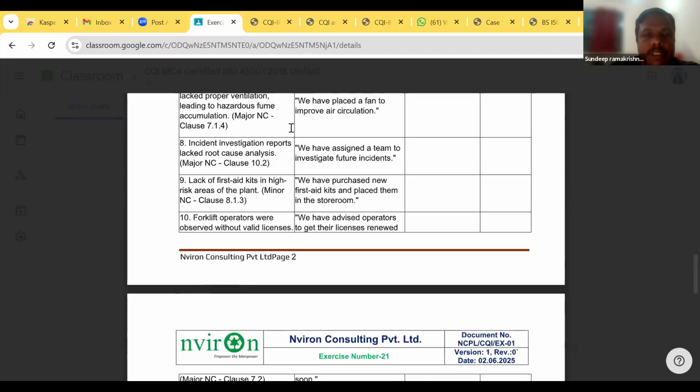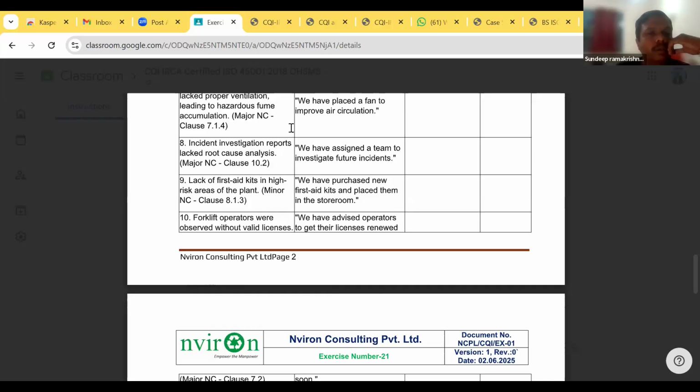Right. Incident investigation reports lack root cause analysis. Major NC under 10.2. So they are saying we have assigned a team to investigate future incidents. So do you accept it? No, sir, I will reject.